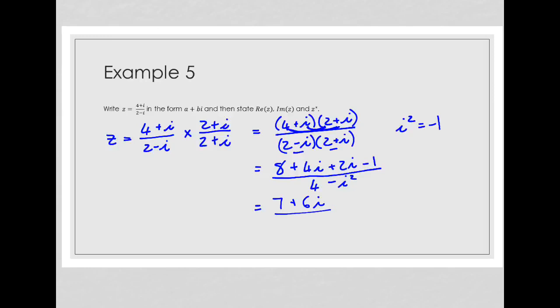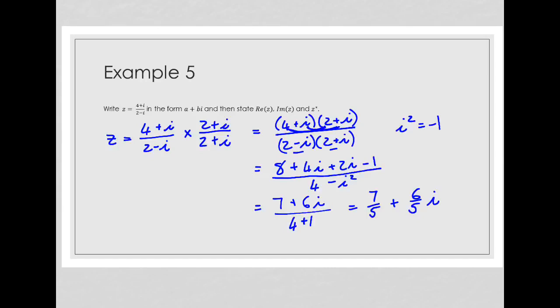And in the denominator it will be 4 + 1. And this finally simplifies to 7/5 + (6/5)i.